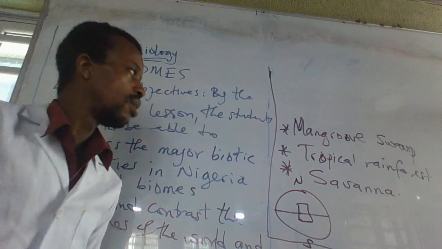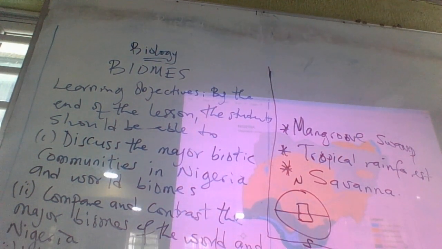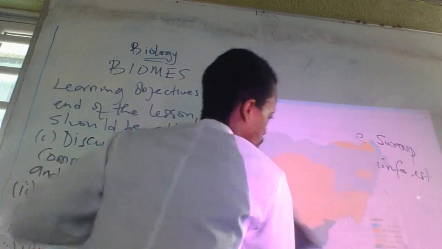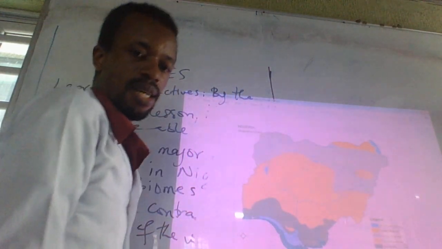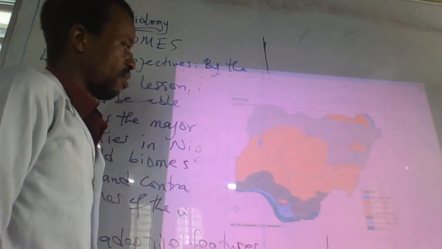Let me just project this. See the map of Nigeria. Are you seeing it clearly? This is the map of Nigeria.